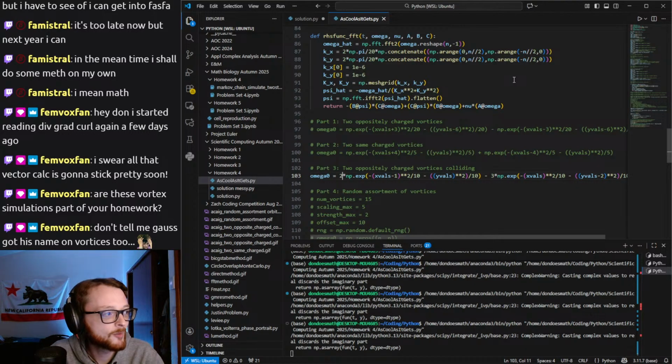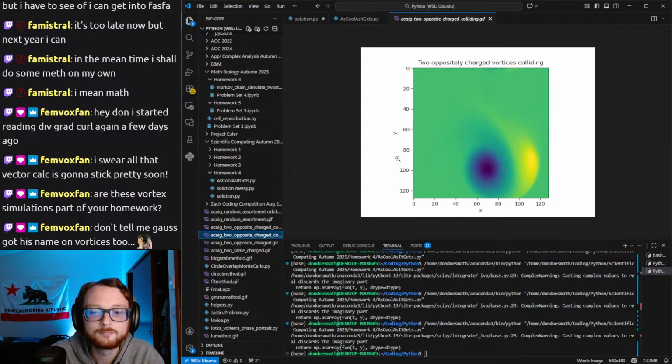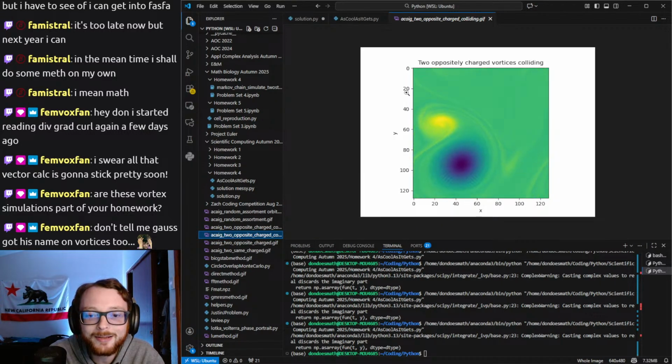I think I already tried making them not have the same strength, but let's try it again. Because the definition of sanity is doing the same thing over and over again, expecting it to work, right? Ooh. Kinda.